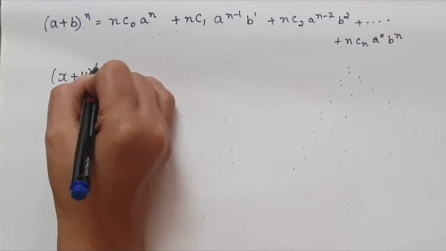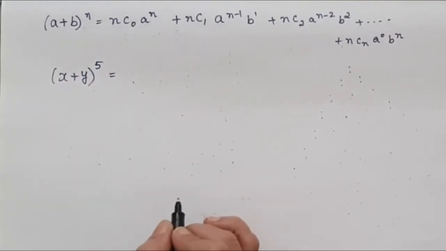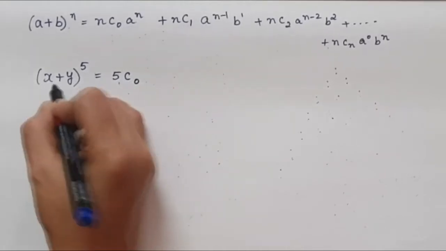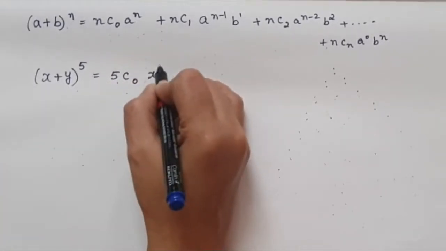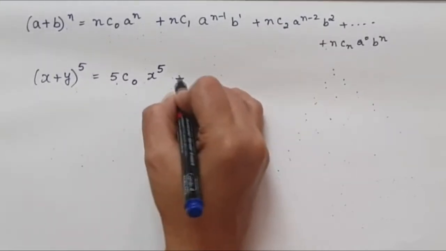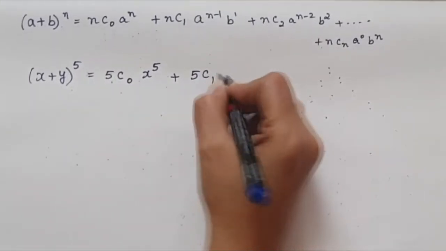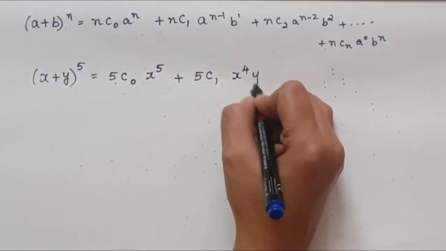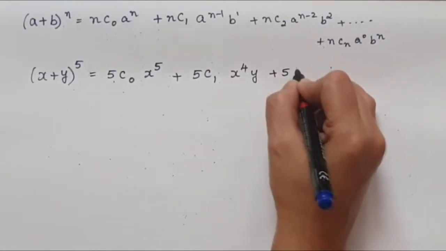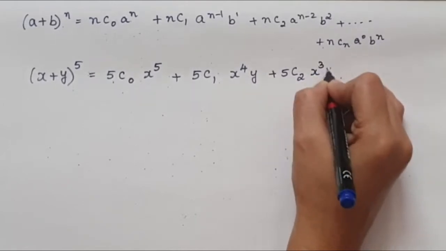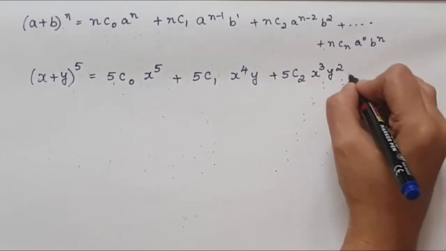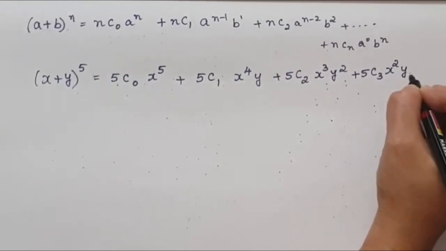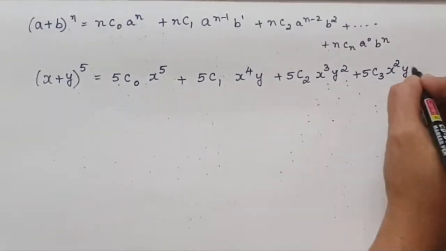Suppose it is (x plus y) the whole to the power of 5. Now if you are applying the formula, it is 5C0, and then the first term has to be raised to the power of 5, plus 5C1 x power 4, reduce the power of x and increase the power of y, plus 5C2 x cube y square plus 5C3 x squared y cube.